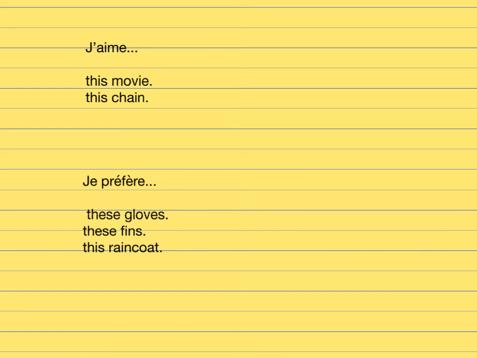I would say j'aime ce film because it's masculine and singular. How about this chain? Chaîne, as we saw with quelle, is feminine, okay? And I only want this chain, just one of them. So what would I use? Did you guess that we would use cette chaîne?